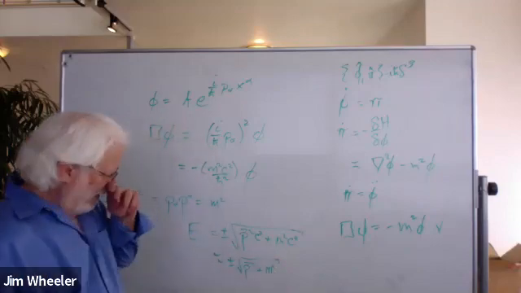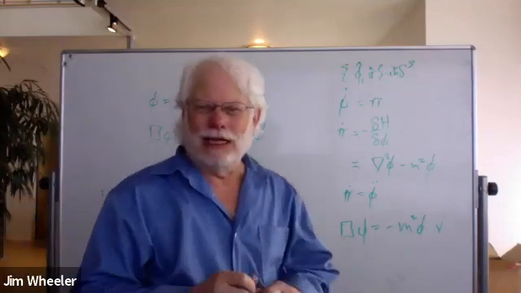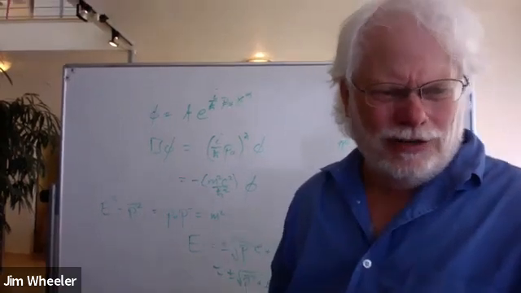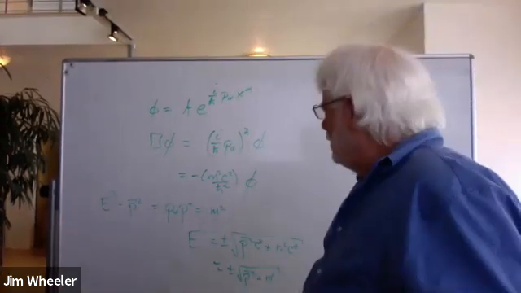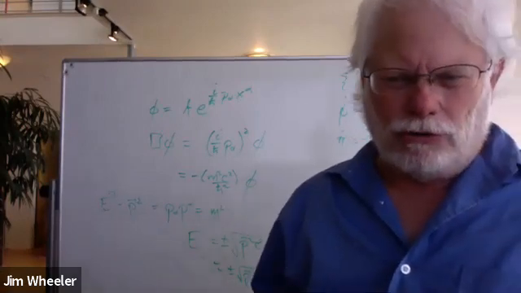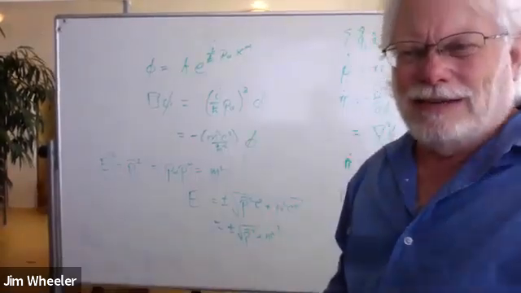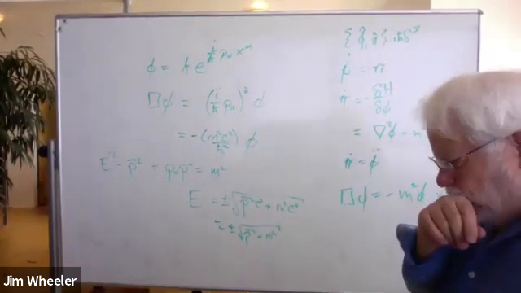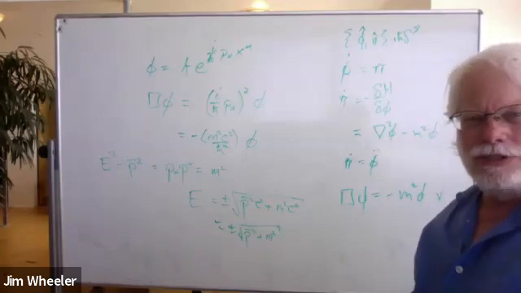Everybody around 1920 knew to write something like the Klein-Gordon equation. But Schrödinger just took a non-relativistic limit of this thing and made it first order in time, because having positive and negative energies in quantum states leaves no stable solutions.